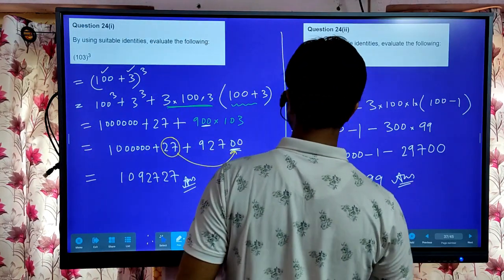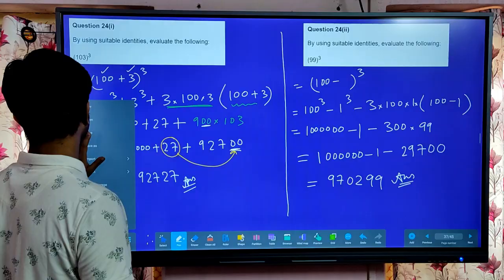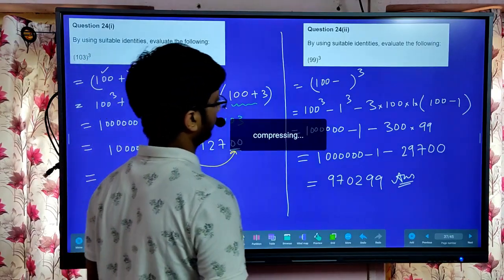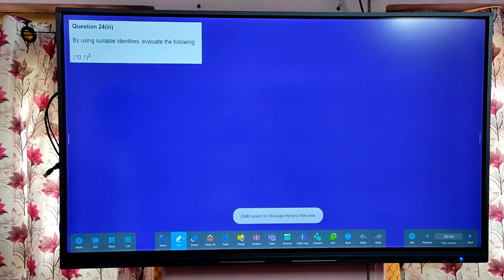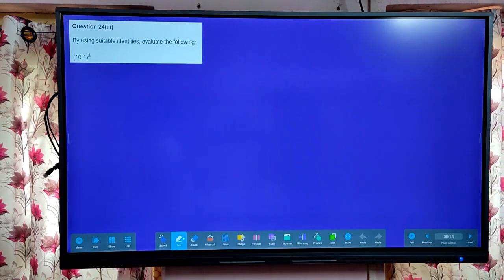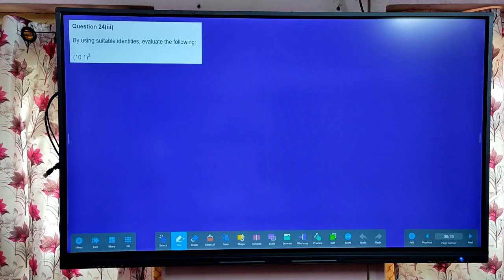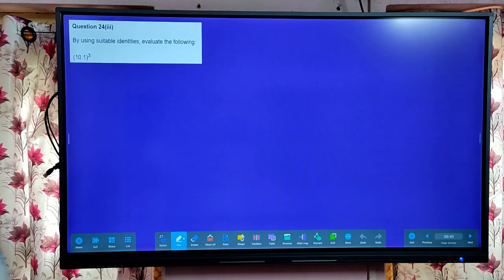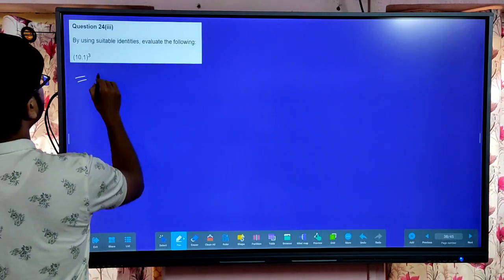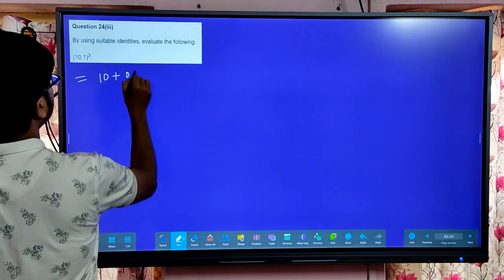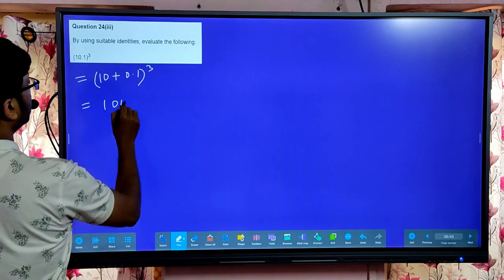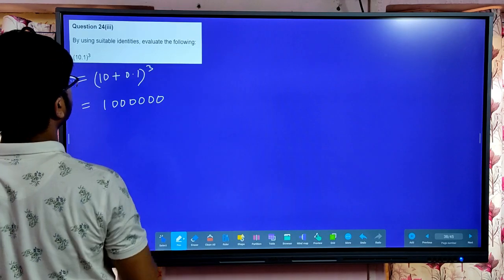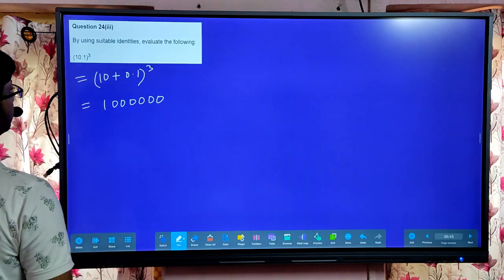Chalo, let us move on to the next question. First, let me save it. 10.1 cube. So 10.1 cube, we are going to write it as 10 plus 0.1 whole cube. It will be 10 cube, right?